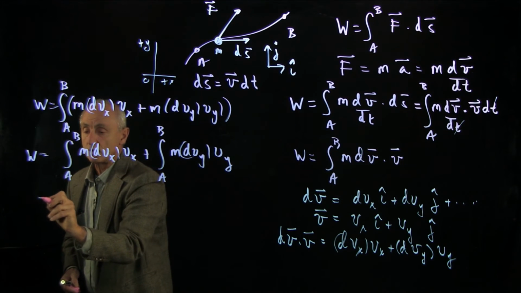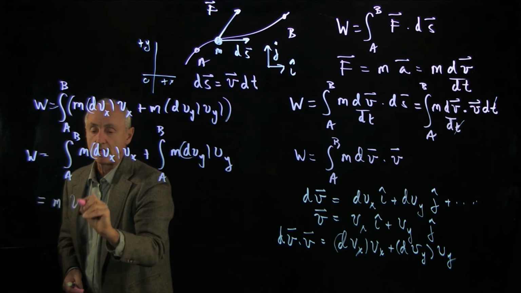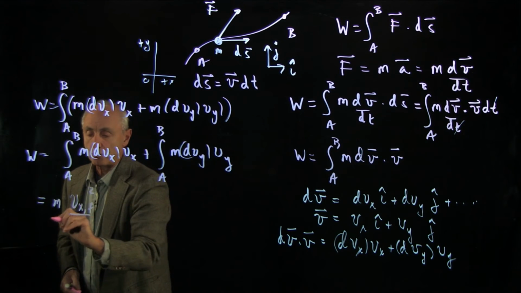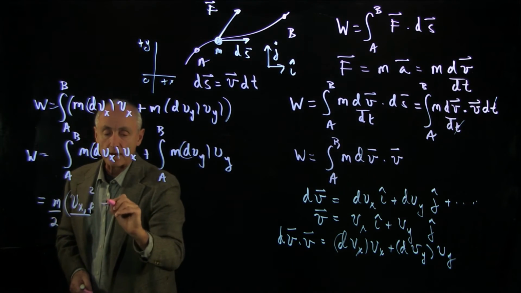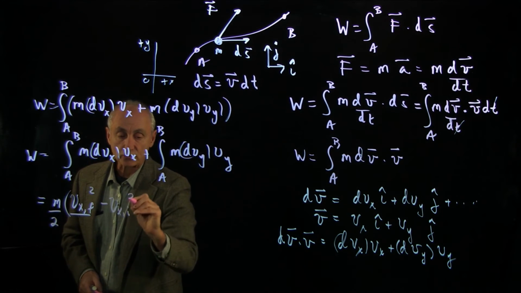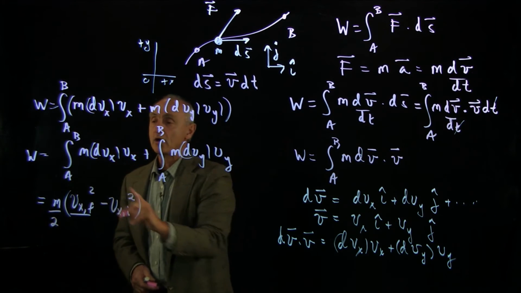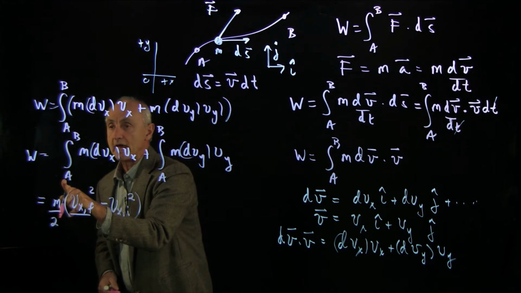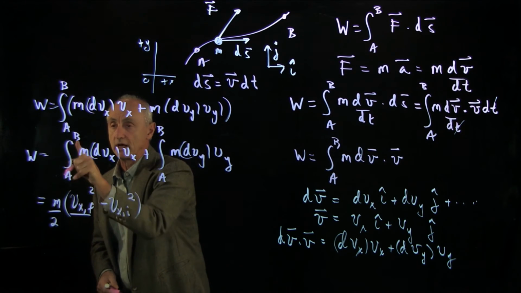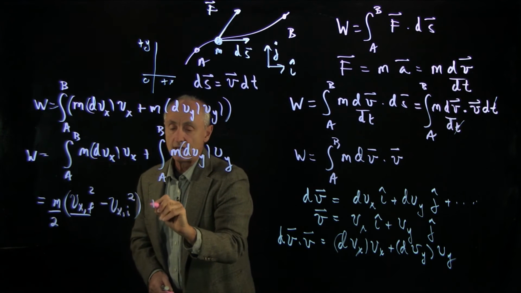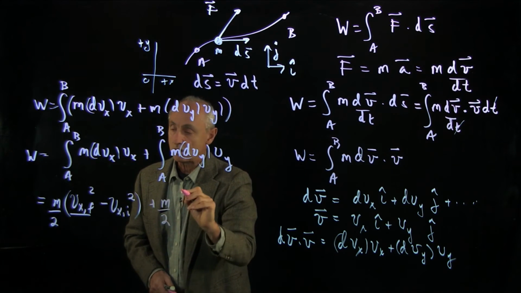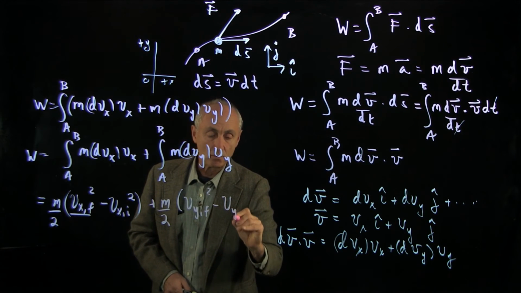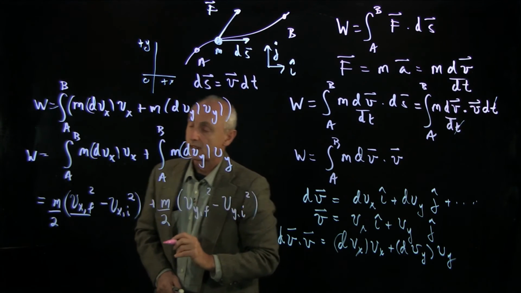So our first integral simply becomes m, and I'll pull out the factor 1/2, times vx final squared minus vx initial squared, where vx initial is the initial x component of velocity at A, and vx final is the final component at B. And I have a similar term here, which is vy final squared minus vy initial squared.